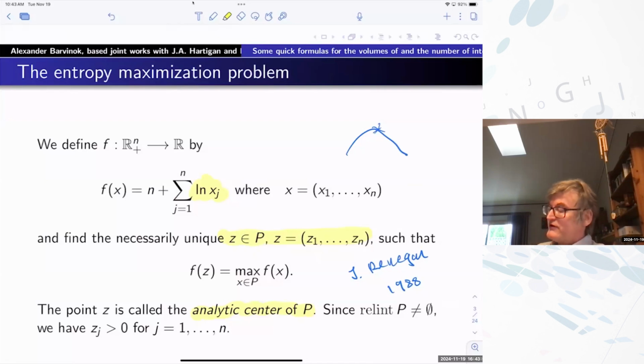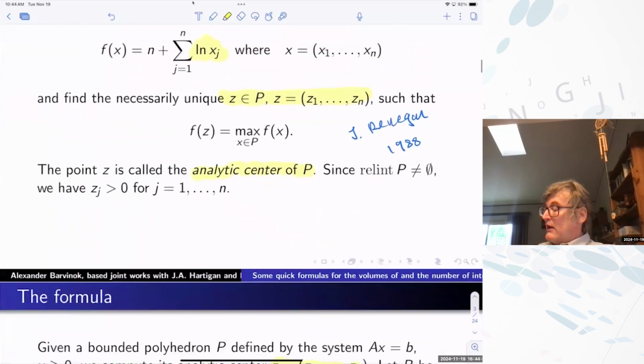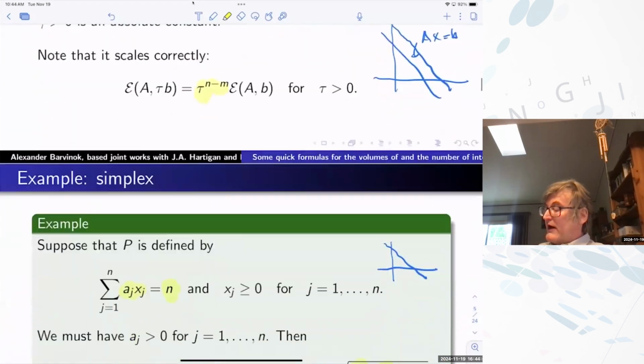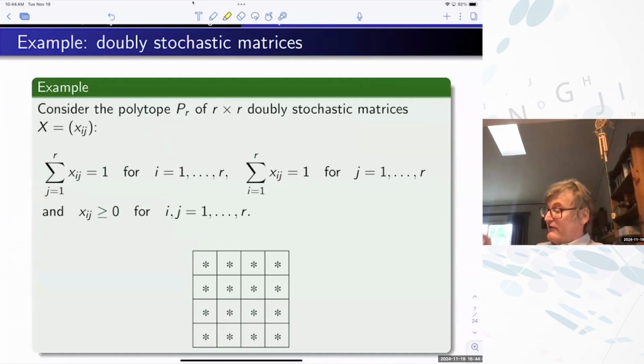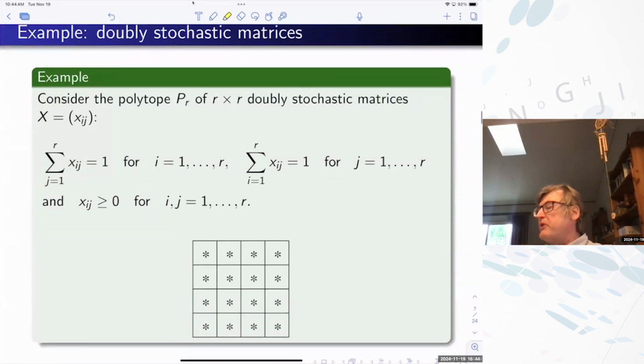It's a concave function, so rather ascent. You go up the gradient, and you're quickly there.